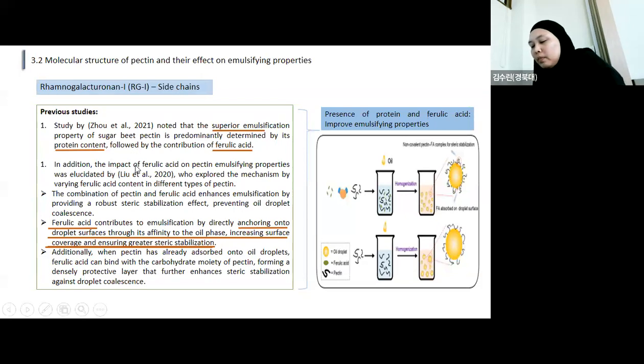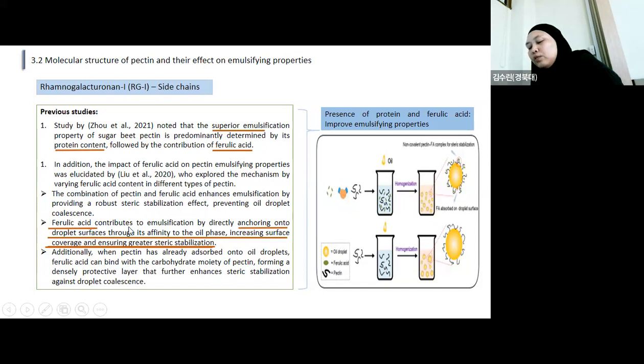So in here, the impact of ferulic acid was further explored by Liu et al. Liu explored the mechanism by varying the ferulic acid content in different types of pectin. So the combination of both pectin and ferulic acid enhanced the emulsifying by providing a robust steric stabilization effect, and this will prevent oil droplet coalescence.